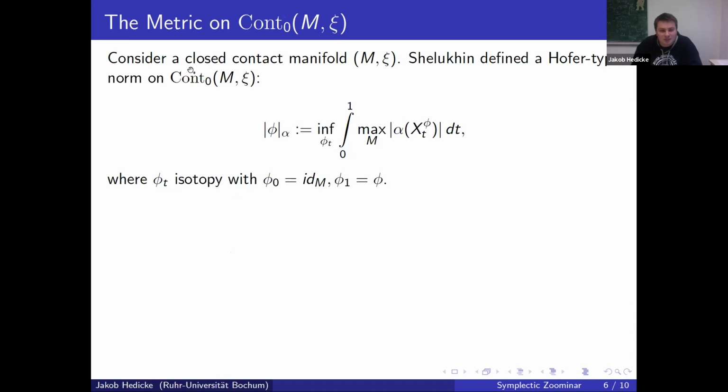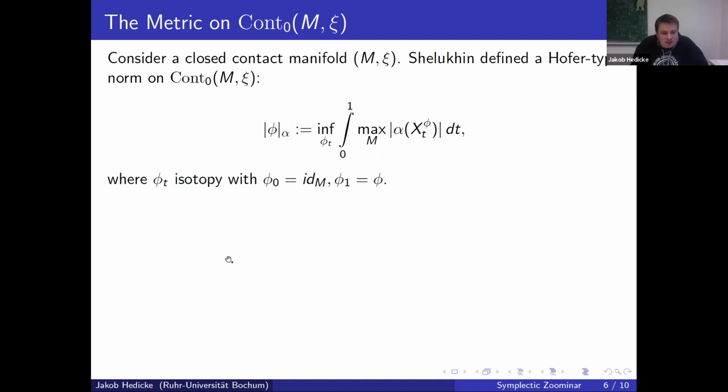He considered closed contact manifolds, and on such a closed contact manifold, given a contact form alpha, one can define the following norm: the infimum over all contact isotopies which connect the identity with this given contactomorphism phi, of the L infinity length of the contact Hamiltonian.